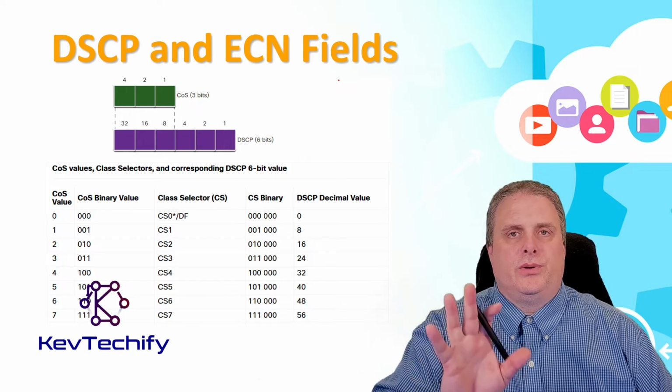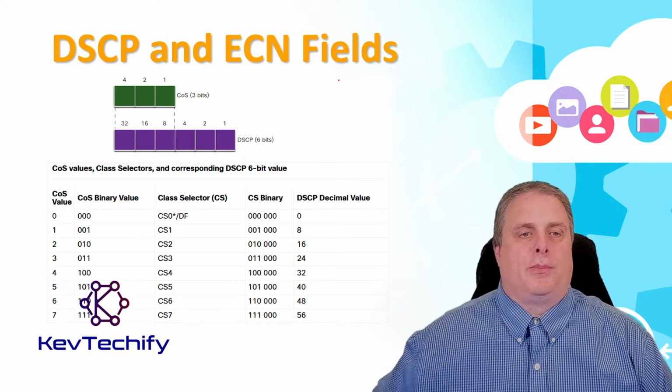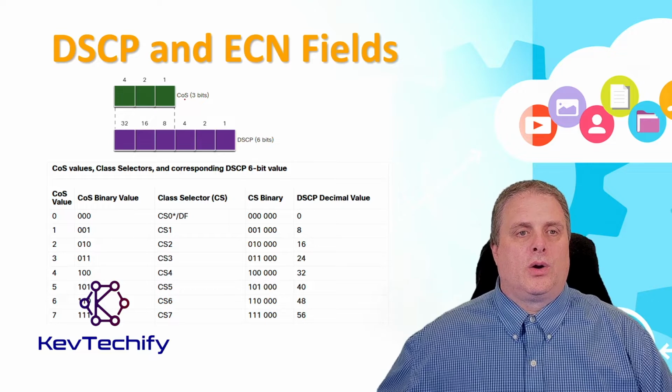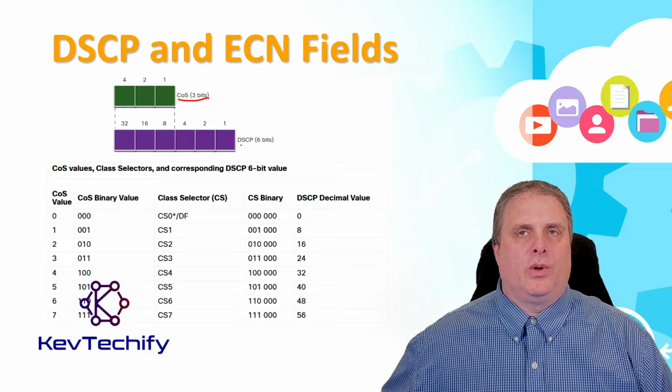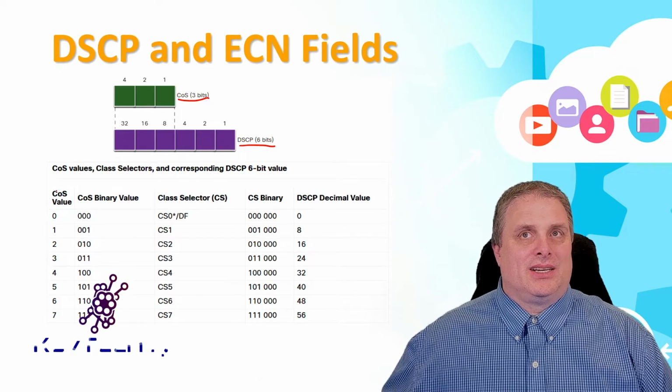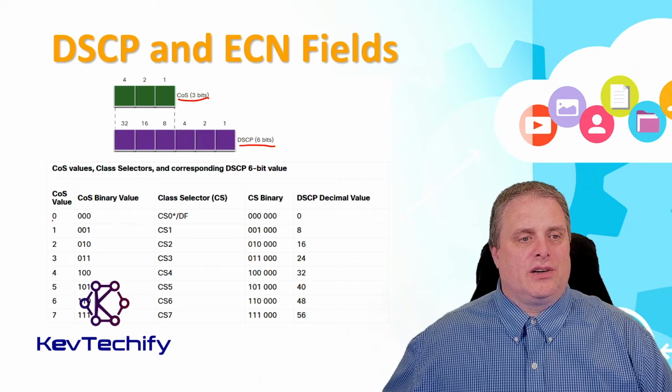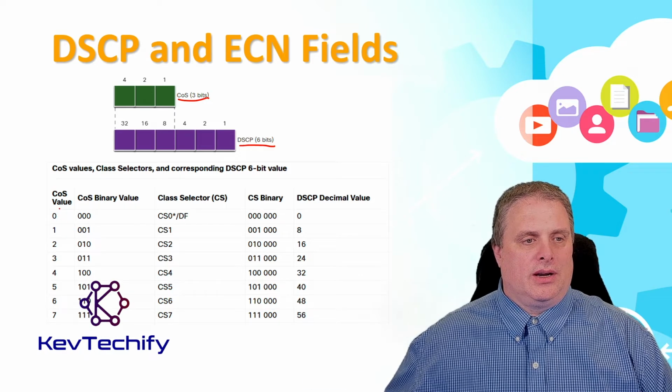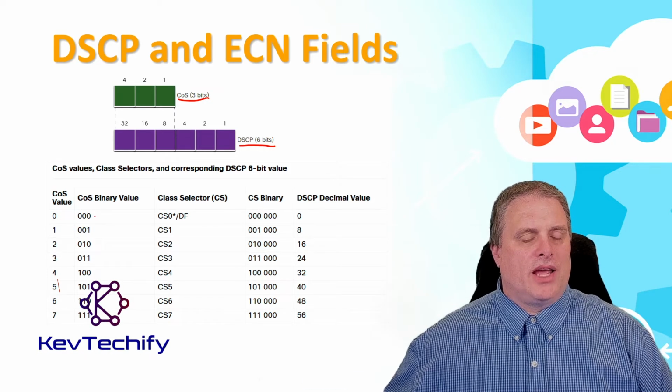Here's another way to envision the backward compatibility. We have our quality of service, which was 3 bits here. We have our differentiated services code point, which was 6. The class of service here, values 0 through 7. We convert that into binary. That's the first 3 bits.